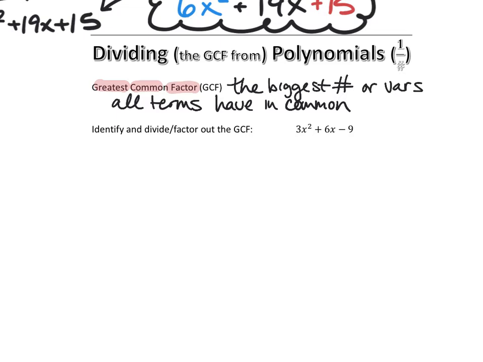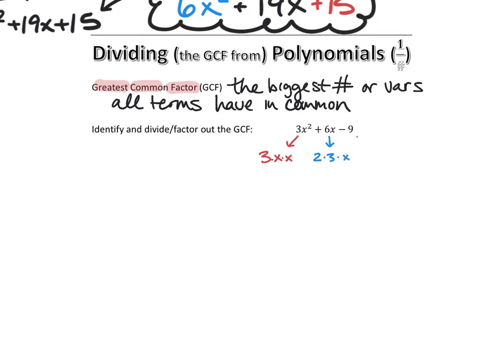Now this very first time we do this, I'm going to do a lot of extra work that you won't need to do if you can just look at this trinomial and tell me what the greatest common factor is. But if we break apart each term from this trinomial, you'll have 3 and x times x. That's what I'm multiplying together. Those are the factors. And then if I look at the factors of 6x, you've got 2 times 3 times x.